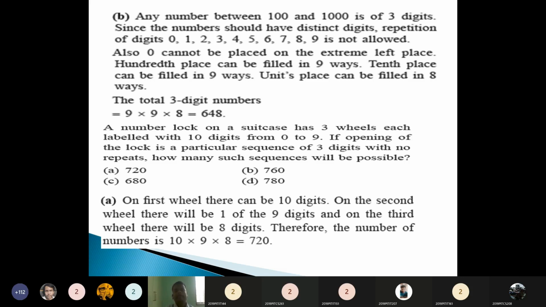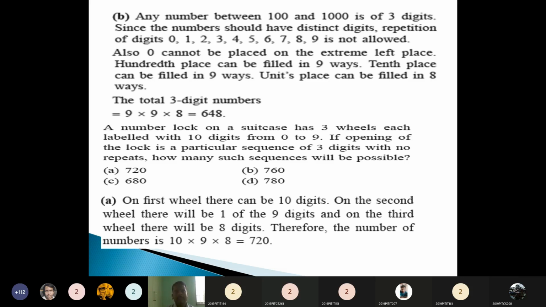After fixing these two digits in the hundreds and tens places, the remaining 8 possible digits are available to be filled in the unit digit. Hence 9 into 9 into 8. So that many such numbers are available from 100 to 1000, that is 648 such numbers.